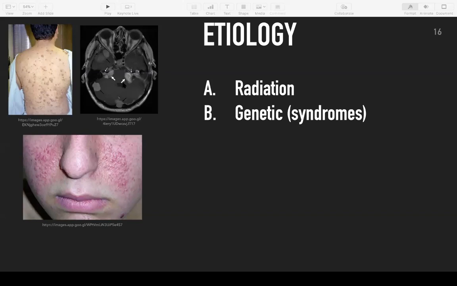And this is a patient with neurofibromatosis type 2 with bilateral vestibular schwannomas. So they have benign tumors affecting cranial nerve number 8. And this is a patient with adenoma sebaceum, which is part of the triad for tuberous sclerosis complex, along with seizure disorder and mental retardation.